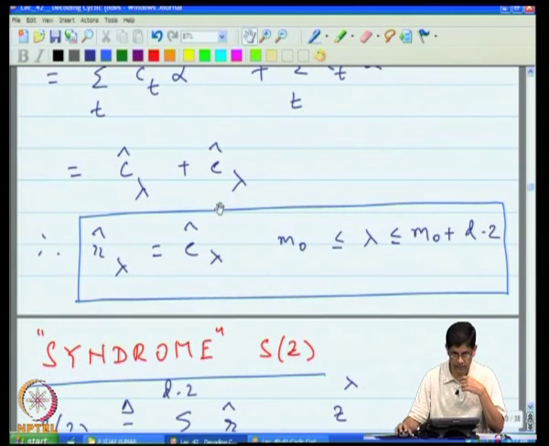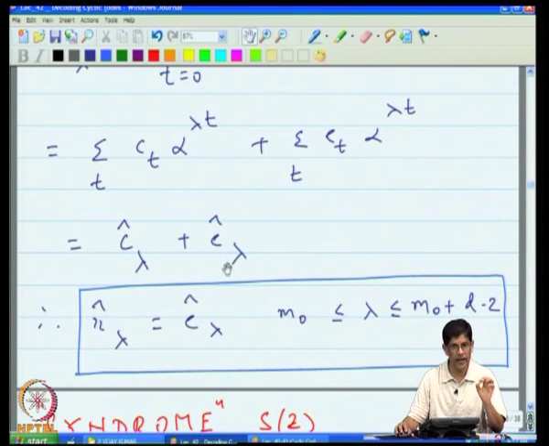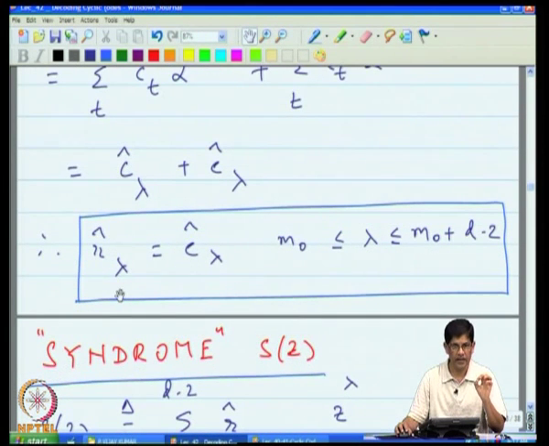So, that means now you know that the transform of every code word, regardless of which code word it is, has values 0 for a consecutive set of frequencies, namely these ones. So, in this frequency window, r hat of lambda agrees with e hat of lambda, which means that the transform of the received signal is precisely the transform of the error signal in this window.